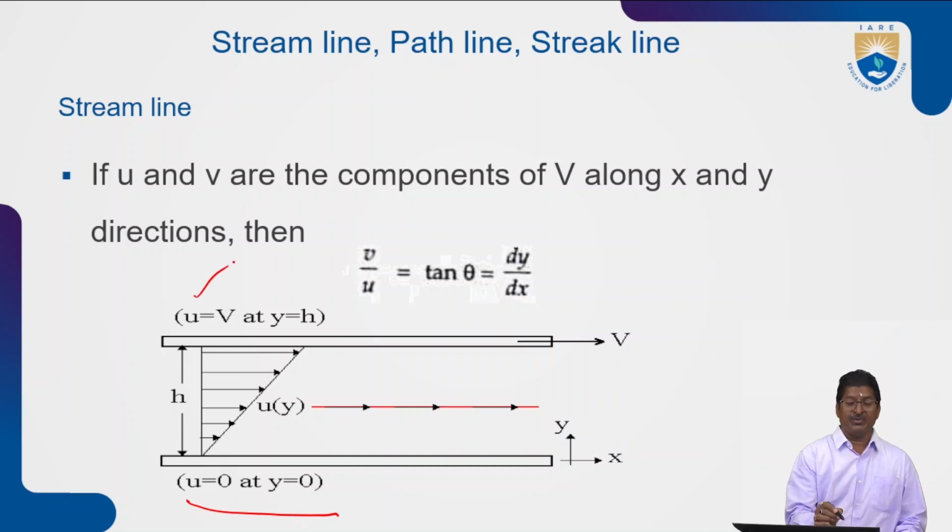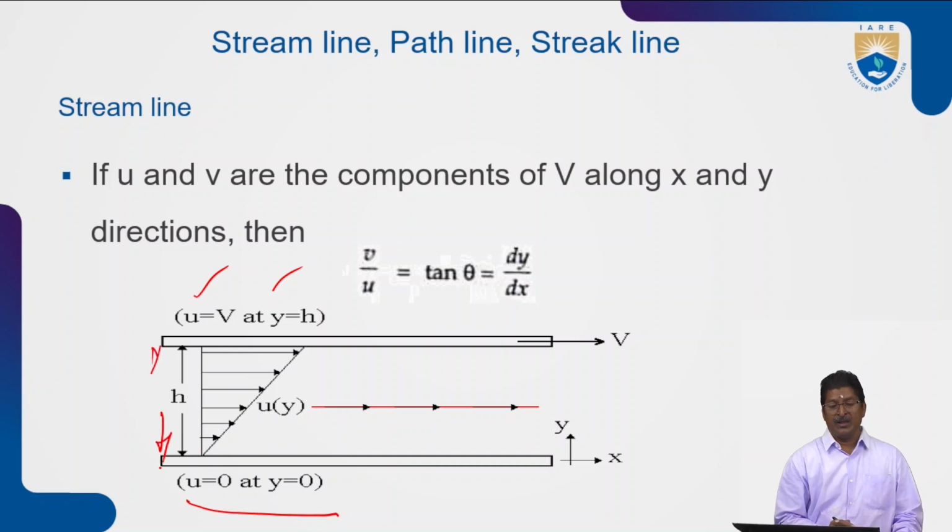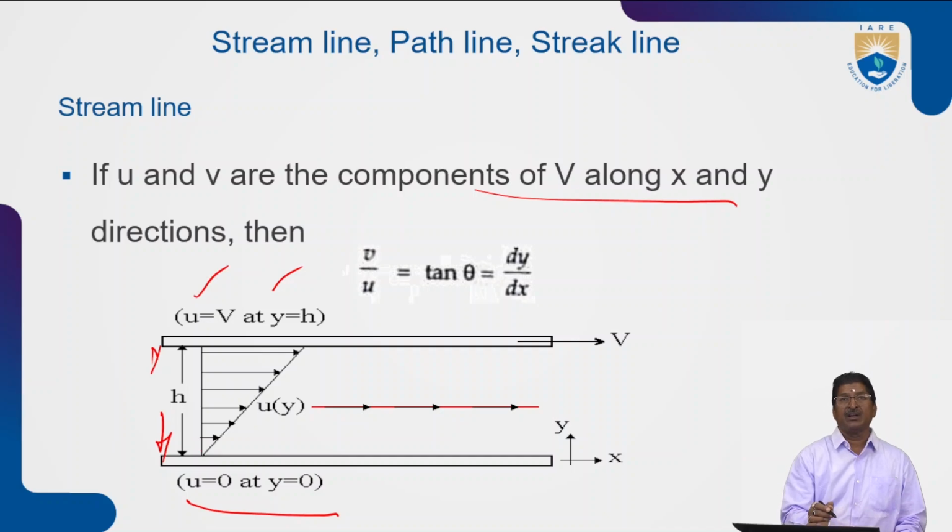If u is equal to capital V at y equal to small h, small h is the height of this pipe inside. So if u and v are the components of the velocity along x and y, what are these u and v? Small u, small v are the components.